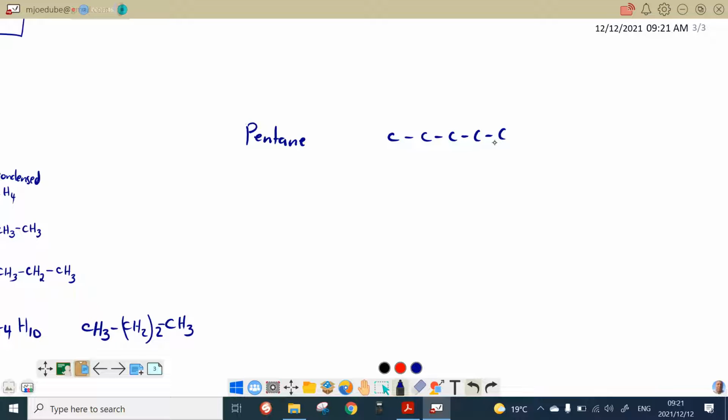So make sure you've counted 5 carbons, and then each carbon is tetravalent, so 4 bonds around each carbon, and it's a hydrocarbon as well, so there are no other bonds other than the simple carbon-carbon single bond. And each one of those spaces is occupied by a hydrogen.